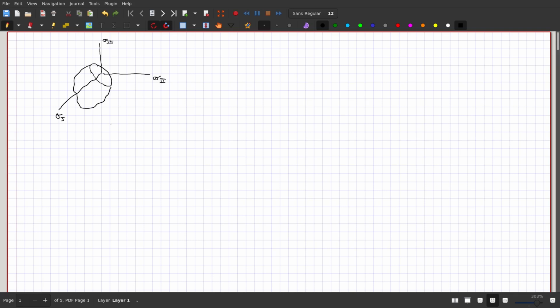The slice, the plane of the slice, is defined by a unit normal vector. And then we also have some traction vector emanating from that coordinate system that we placed on the slice.